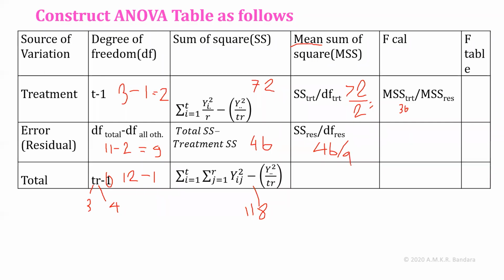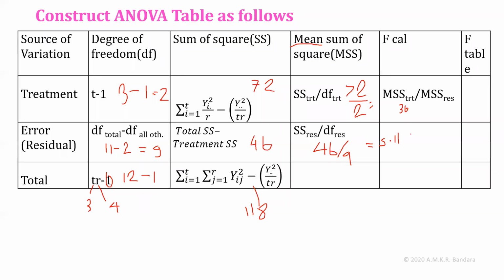So you will get, I guess, 5.11. 46 divided by 9, here you will get 5.11.